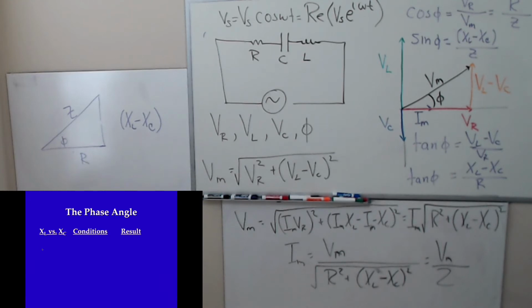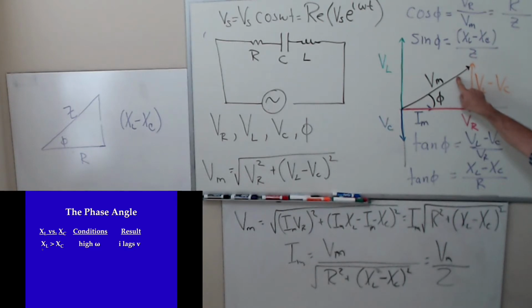So the phase angle. Let's talk a little bit about the phase angle. If X sub L is greater than X sub C, meaning the voltage across the inductor is bigger than the voltage across the capacitor, then the current is always going to lag the voltage.